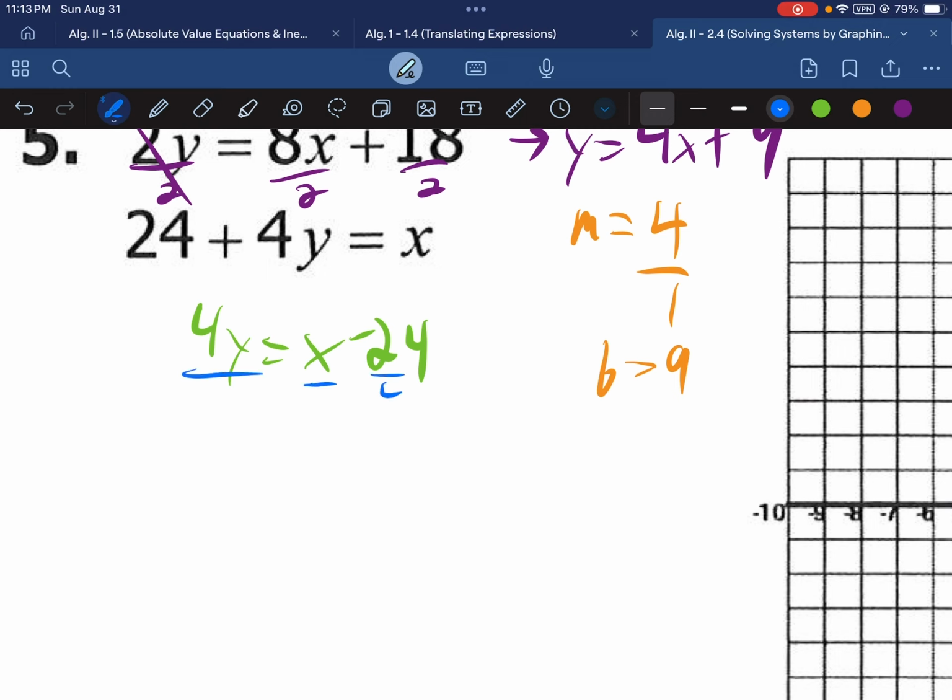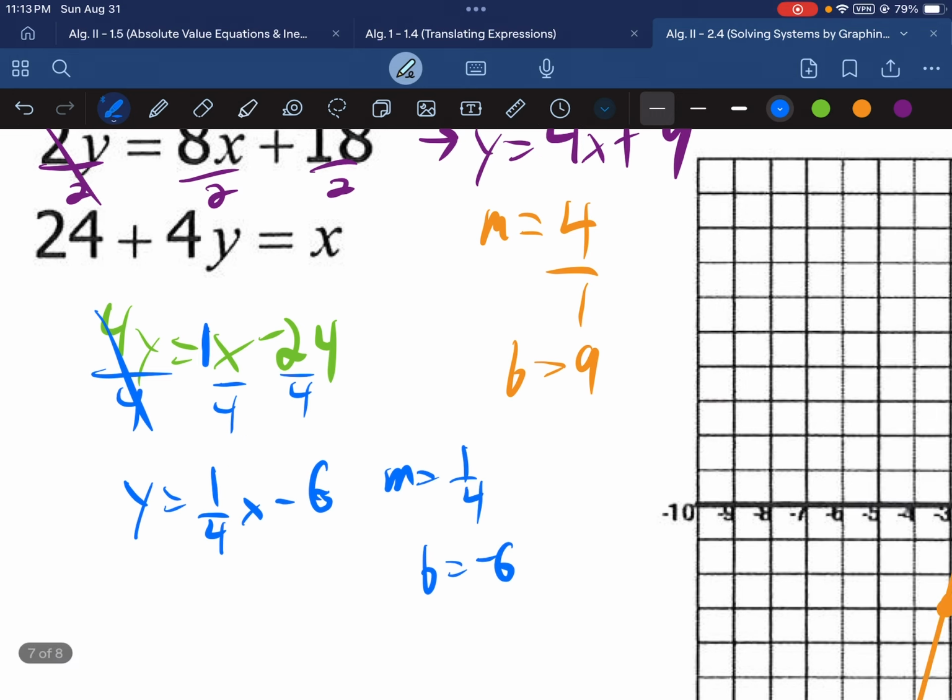Dividing here by 4 on absolutely everything, we get y equals, this is secretly a 1, so it's 1x, or 1 over 4 times x minus 6. And our m is, oh, it glitched out there for some reason and deleted my 6. Oh, lovely. I get the slope is 1/4, and the b is -6, the y-intercept.